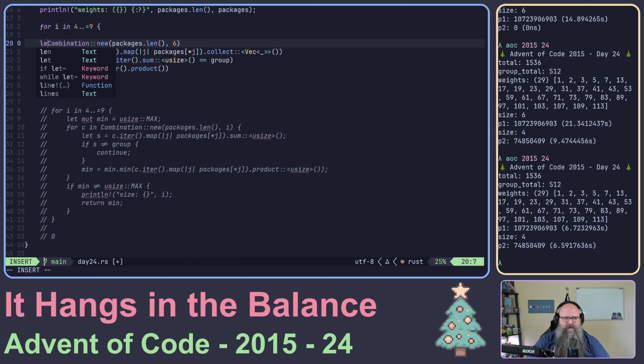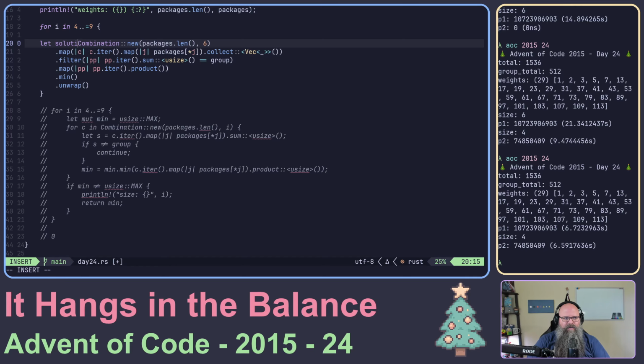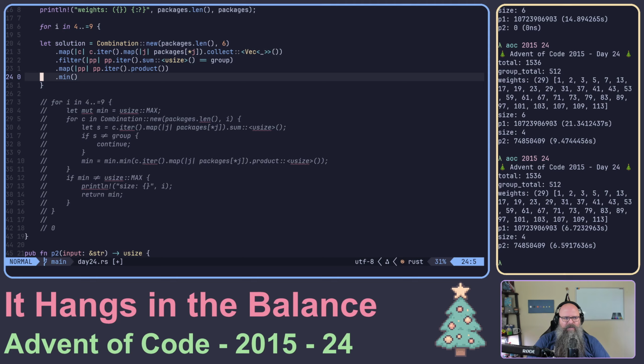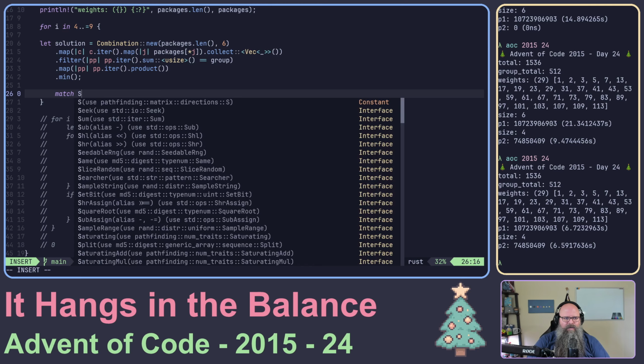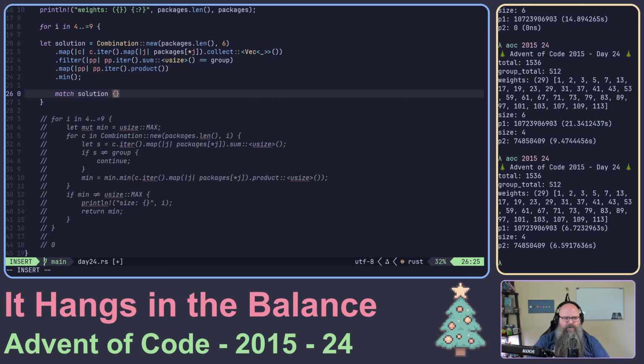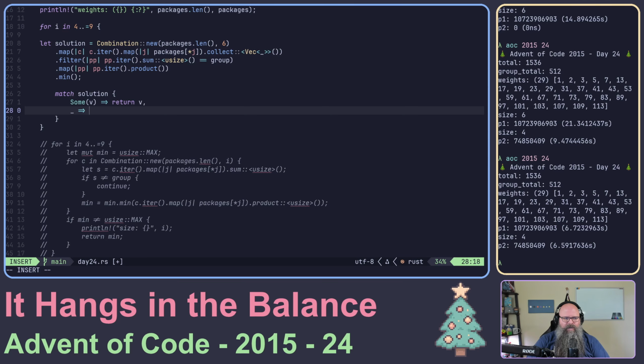I can say let solution equals this, and then we match on solution, and if it's Some(v), we return v, otherwise we continue.